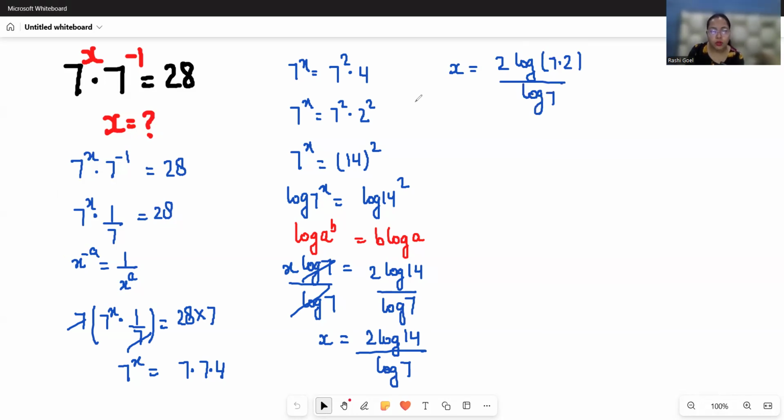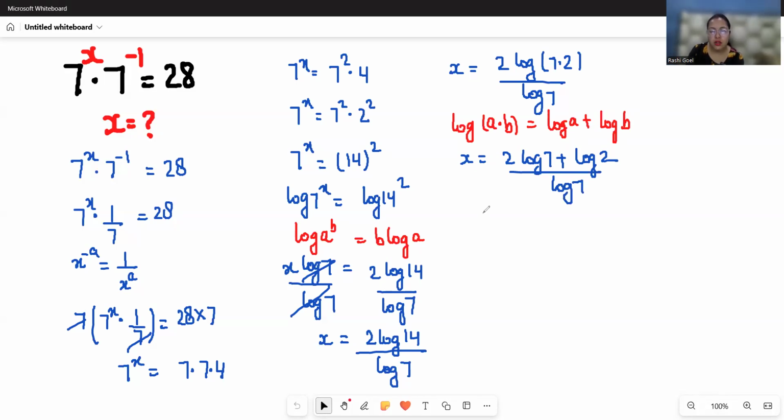Now as per log rule, log a times b, we can write it as log a plus log b. So x equal 2 times log 7 plus log 2, by log 7.